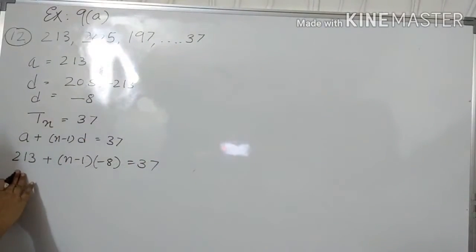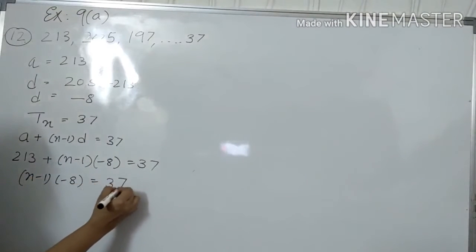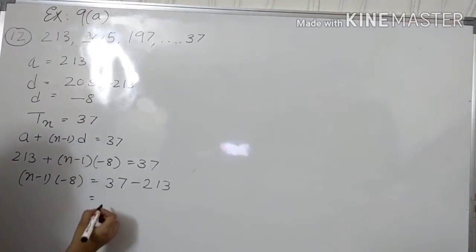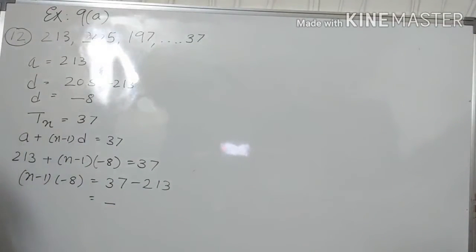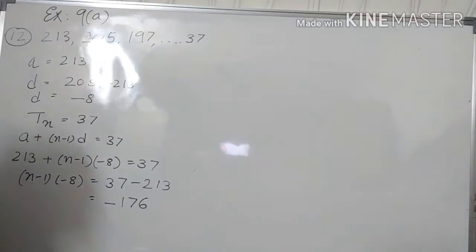Now we take this 213 to the other side. This is as it is. So by subtraction we get minus 176. You can check what answer you get.